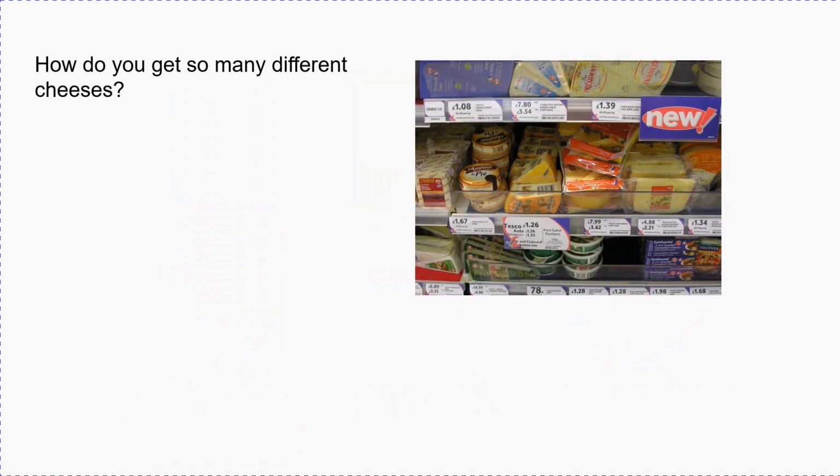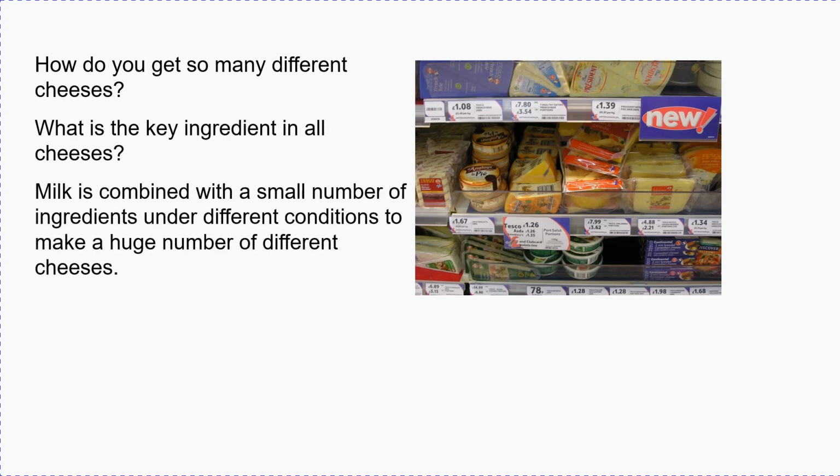Now, in terms of getting different products, if you think about cheese as just a daft example, there's lots and lots of different types of cheese, and each one of them tastes different, it has a different texture. Some of them are quite soft, some of them are quite hard, okay? And when you make cheese, they're all made using milk of some description, whether that's cow's milk or sheep's milk or goat's milk.